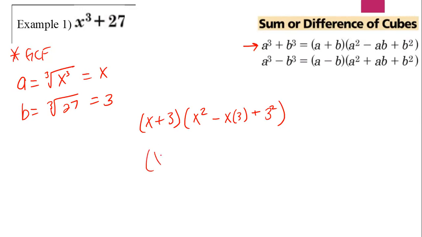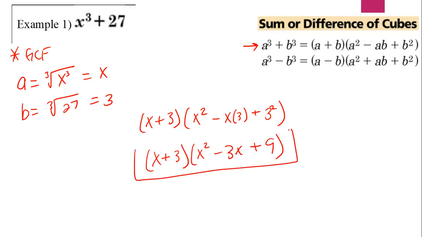I'm going to simplify this. X plus 3 times x squared minus 3x plus 9. Okay? And bam. There is my factored trinomial, my factored perfect cube.